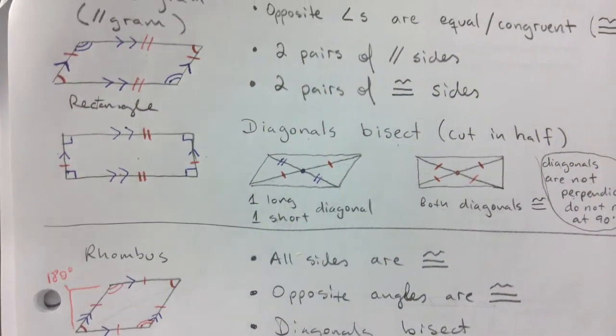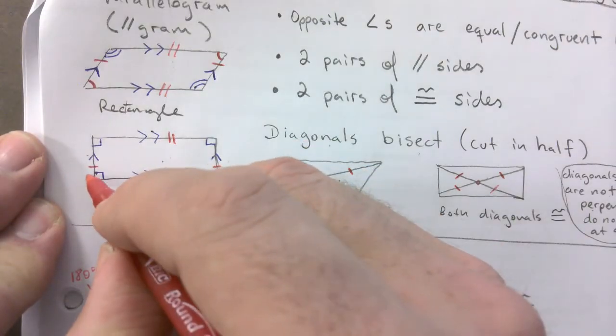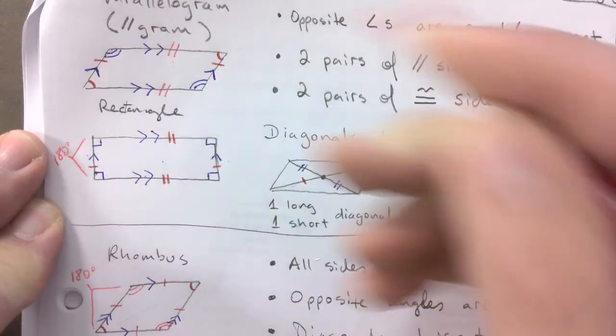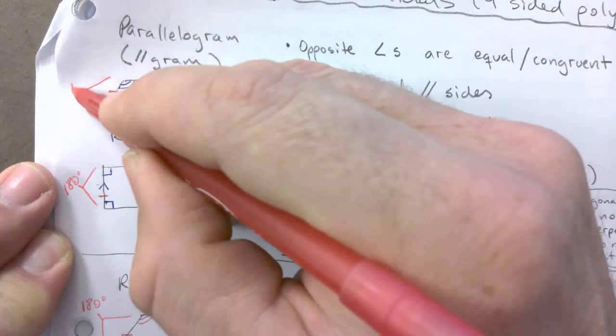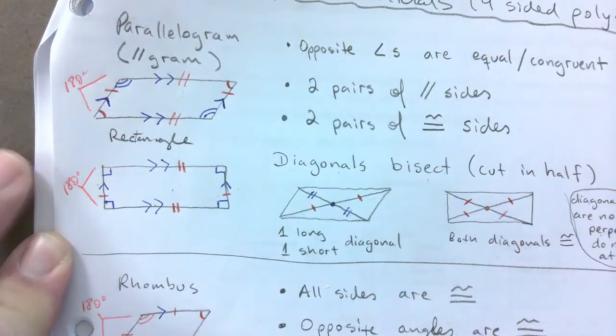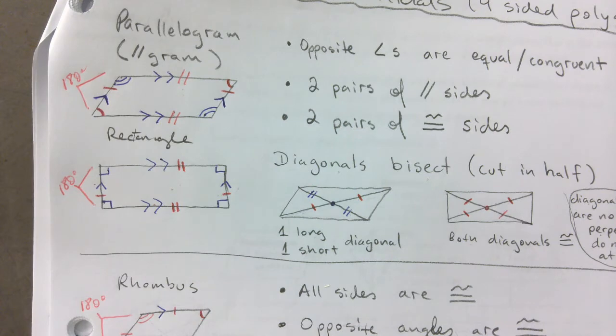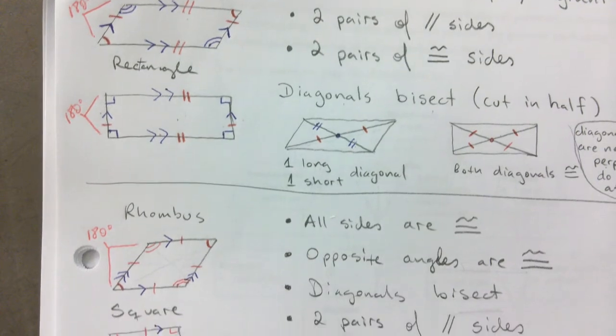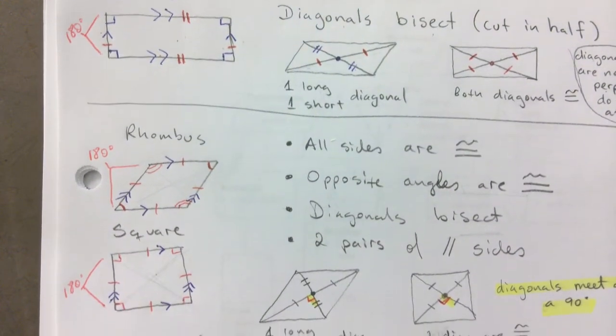Then we go to the rectangle and parallelogram. You do one of these, 180. And this one is 180 as well. And you'll see how I'm going to use that later on when I'm solving. I'm going to use that extensively to get me started to fill in information about a particular rectangle or parallelogram.